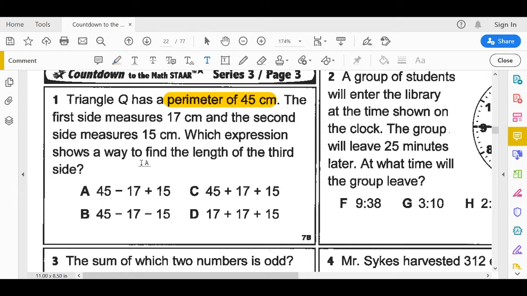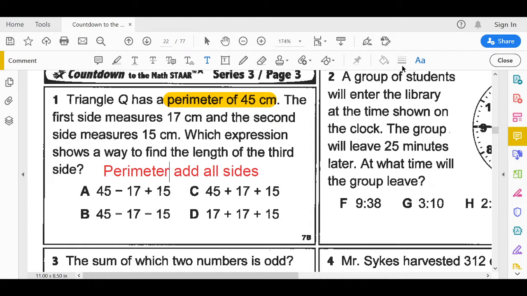Perimeter. Let's remember first, and I'm going to type in here, that to find the perimeter, we need to add all sides. So for perimeter, we certainly need to add all the sides.